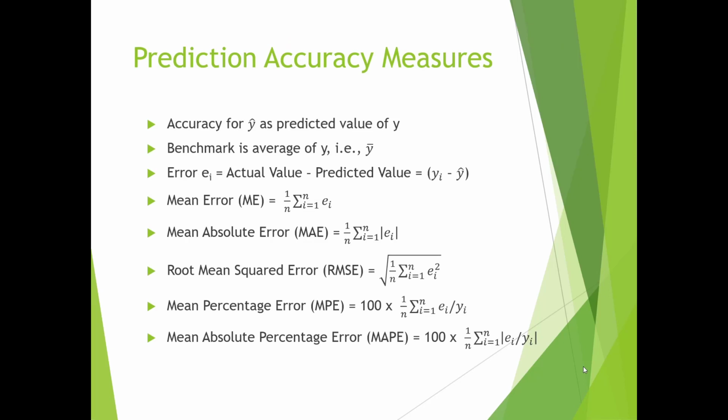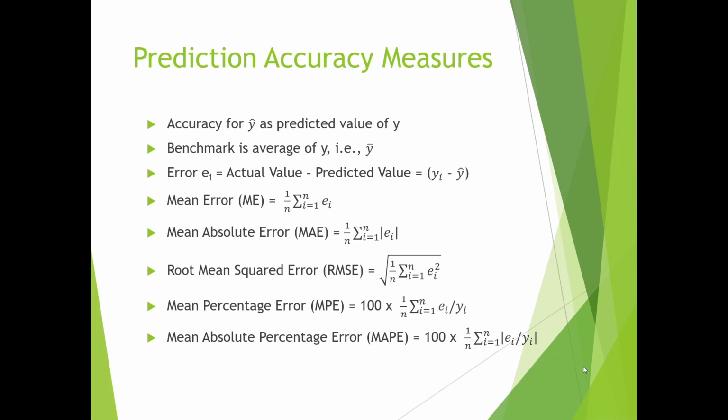So here is a list of accuracy measures for interval target, which can be used as a fit measure. You apply this to the train set, the data set from which we develop a model. That will give you the fit statistics from the goodness of fit perspective.